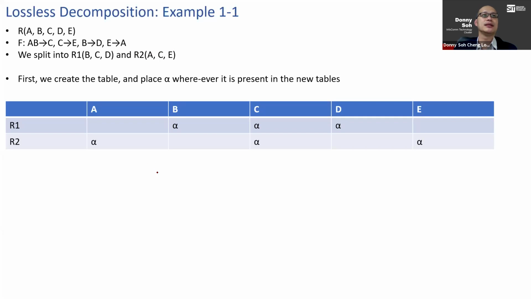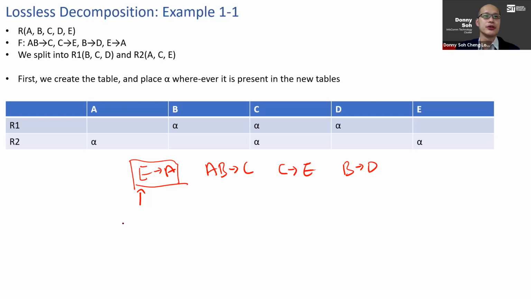Let's imagine if my FDs are given like E implies A, and then AB implies C, and then C implies E, B implies D. If the question gave us the FDs in this manner, and I try to carry out my algorithm using this order first, I'll find that I'm unable to fire this, condition 1 and condition 2.